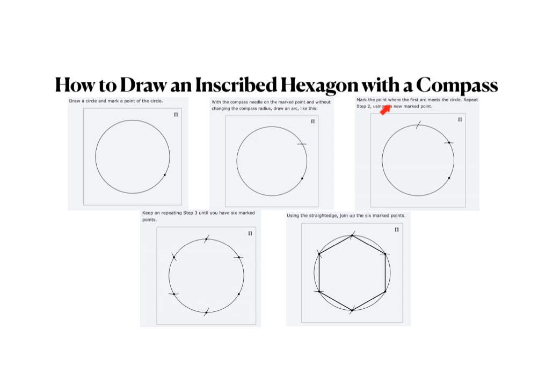Then we're going to mark the point where the first arc meets the circle here. And we're going to repeat step 2 using the new marked point. So we're going to work our way around the circle till I have marks drawn all the way around. Once I get all of those points drawn, I can simply connect all the points on that circle and create my regular hexagon.